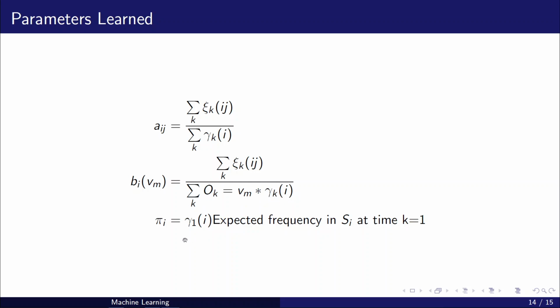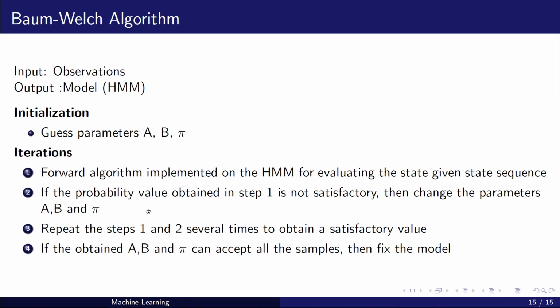And pi i can be obtained as gamma 1 i. So it is the expected frequency in si at time k equal to 1. You just need to calculate the gamma values for k equal to 1, then you will get the pi value. So these are the three parameters which we were requiring for our HMM. So this is how we calculate the parameters.